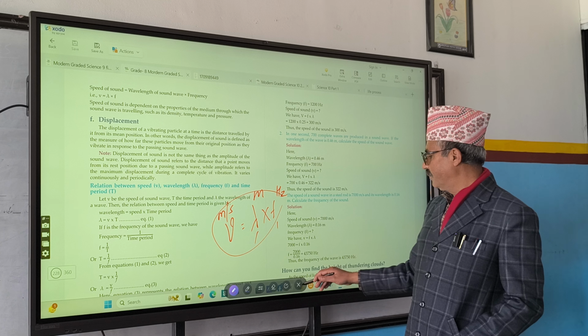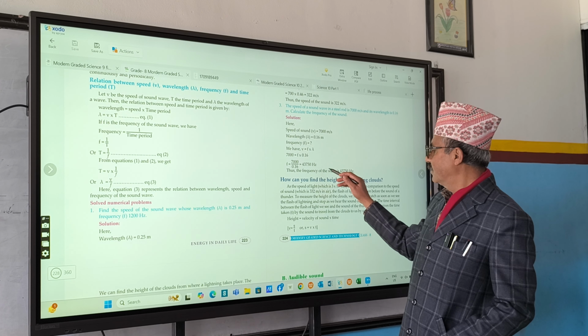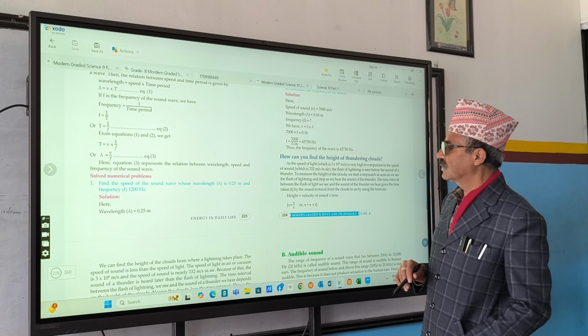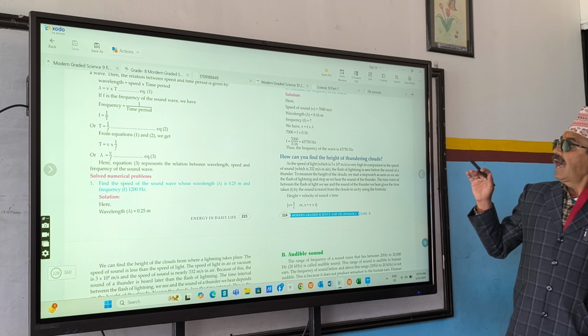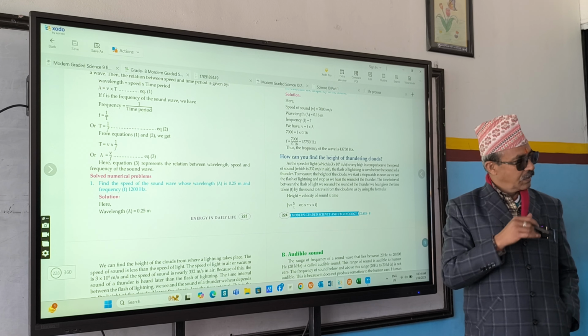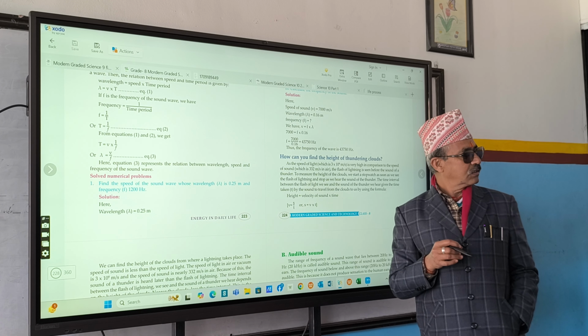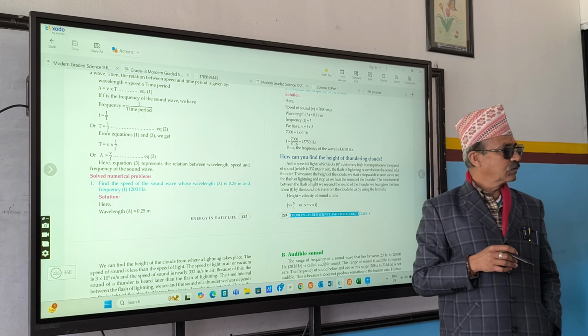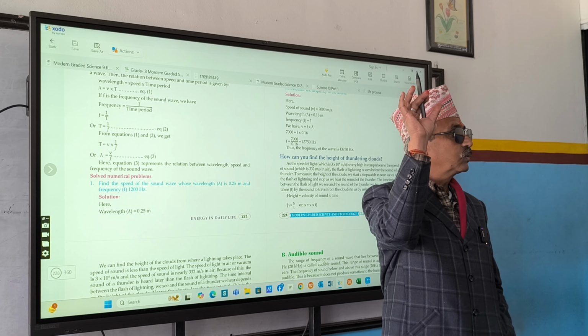Alright. So children, now today we have to discuss one thing here. How can we find the height of a thundering cloud? This is not the time of thunderstorm, right? But sometimes there are thunderstorms, and we can see lightning also.